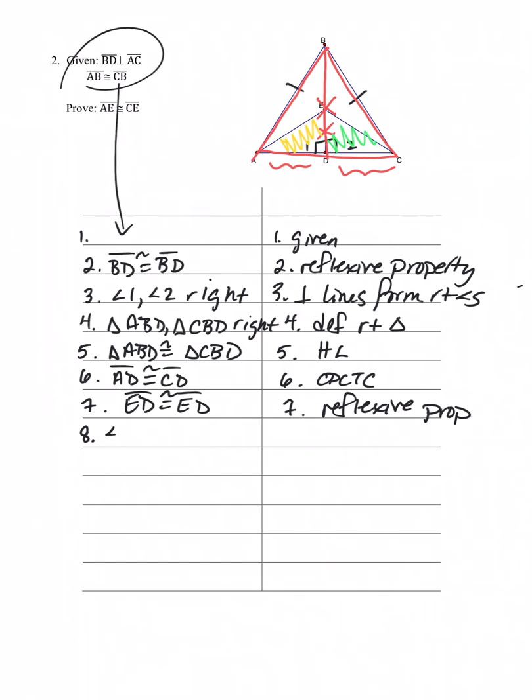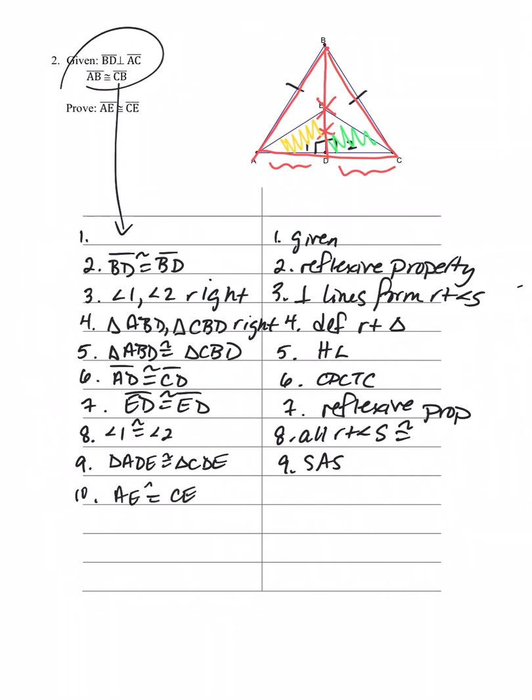So angle 1 is congruent to angle 2. All right angles are congruent. And so now we can establish that triangle ADE is congruent to triangle CDE by side angle side. And then AE is congruent to CE. CPCTC.